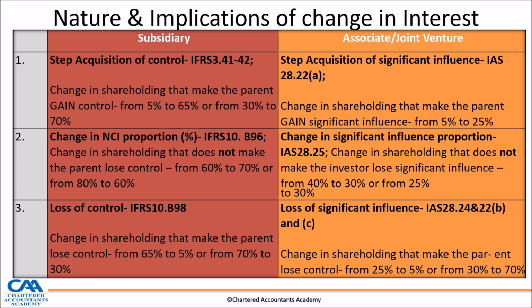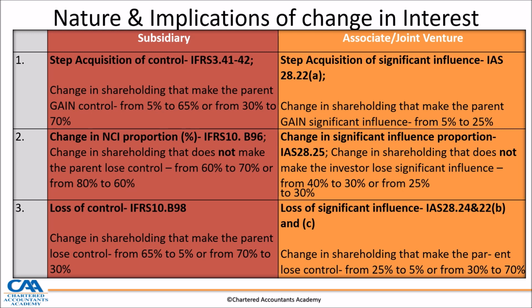where control has been acquired in the initial transaction, and any change that happens, the parent or acquirer retains control before and after acquisition or disposal. That is called a change in NCI proportion, or a transaction between shareholders.